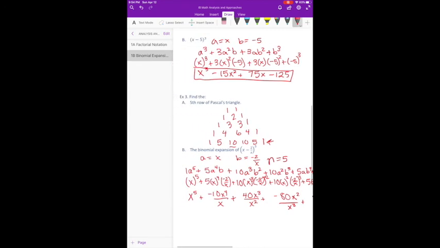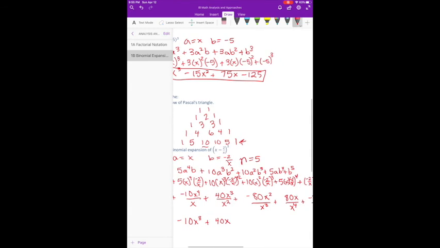So this is just x to the fifth plus, and then we have x to the fourth over x. So that's going to be -10 x to the third. So I'm actually going to put a minus there. So -10 x to the third. And then here we've got 40 x to the third over x squared. So x to the third over x squared is just going to cancel out. So it's 40x. Okay, and then we've got -80 x squared over x to the third.